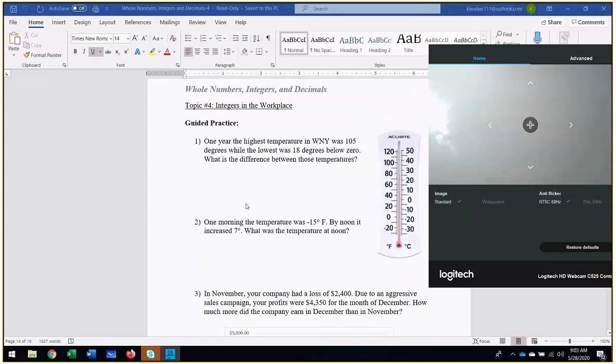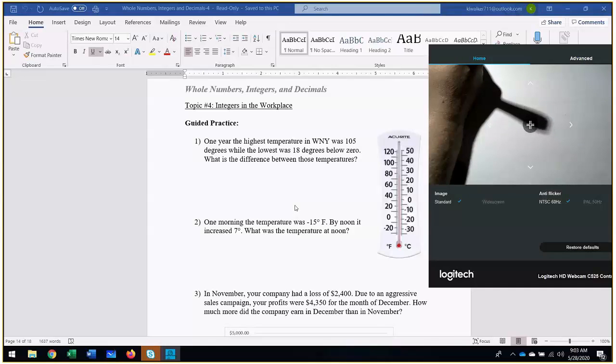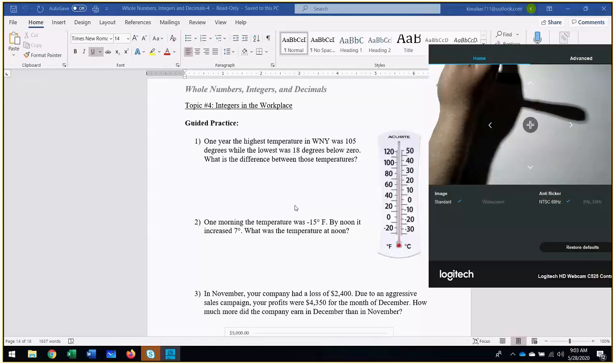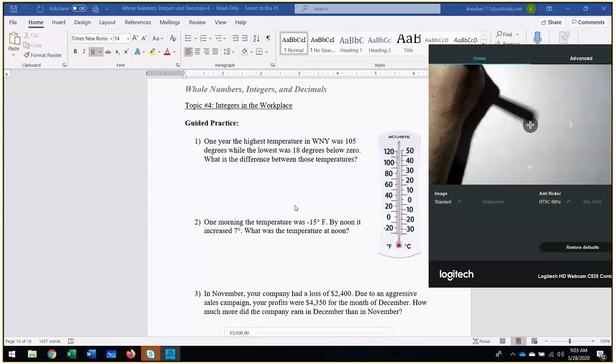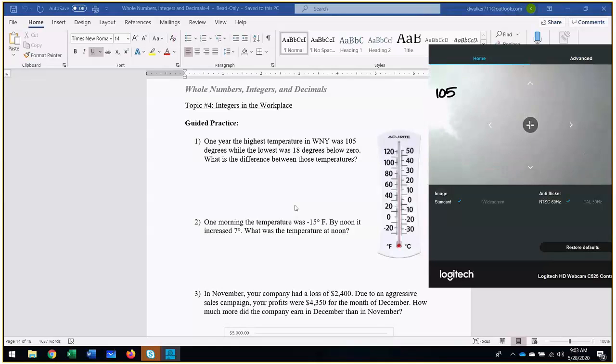So starting with this one here. One year, the highest temperature in Western New York was 105 degrees, while the lowest was 18 degrees below zero. What is the difference between those temperatures? So first you need to represent the numbers that you see here. You've got positive 105 that you're starting with, and 18 degrees below zero.